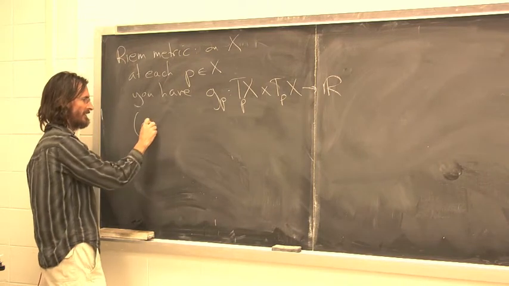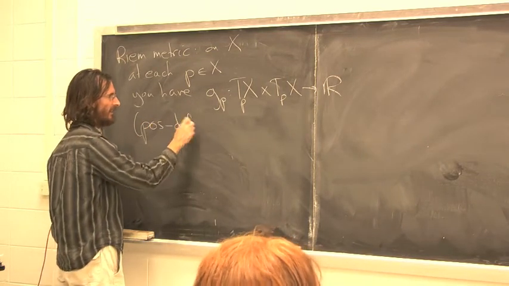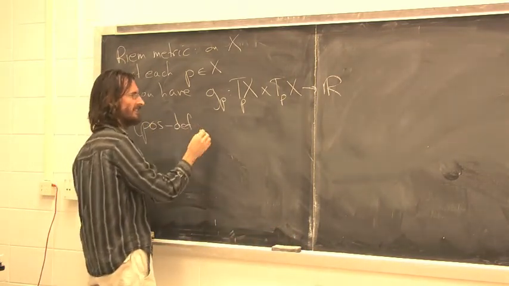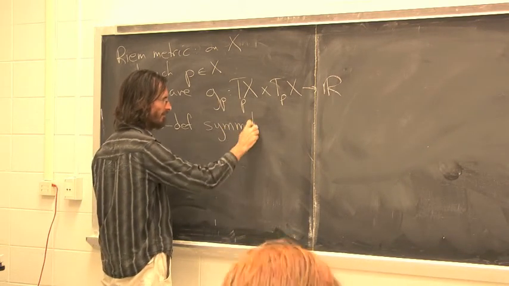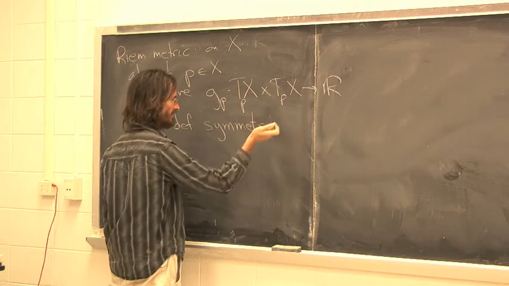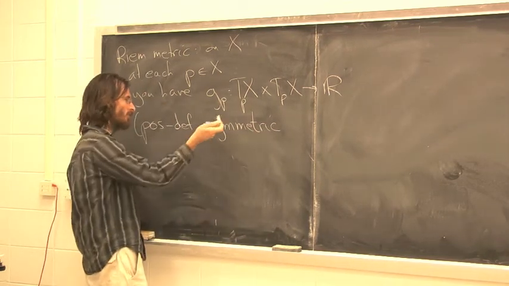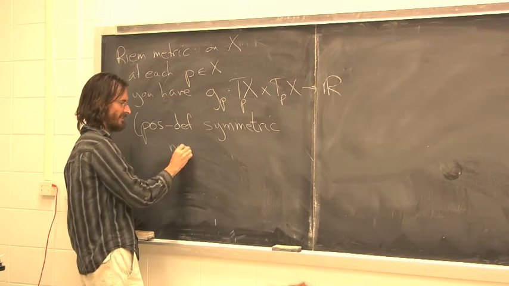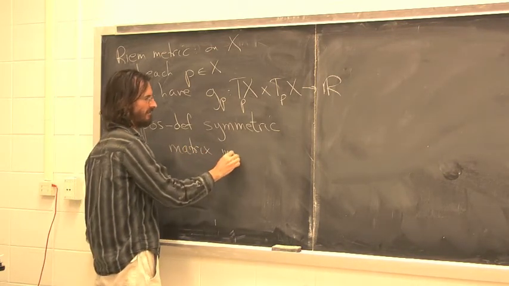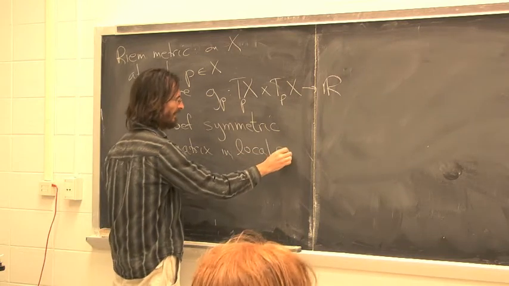A positive definite, symmetric bilinear form. In local coordinates, it's just a positive definite, symmetric matrix, varying smoothly.